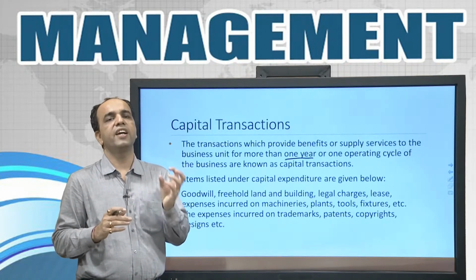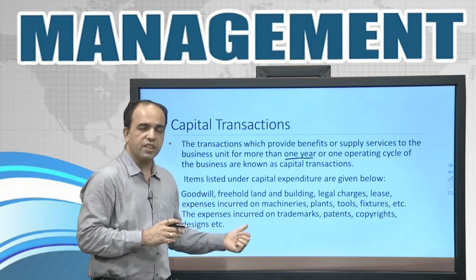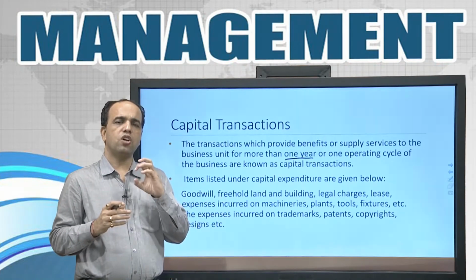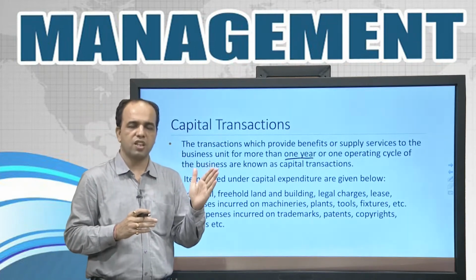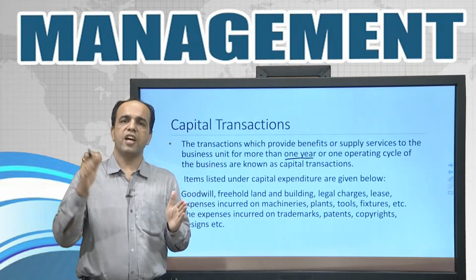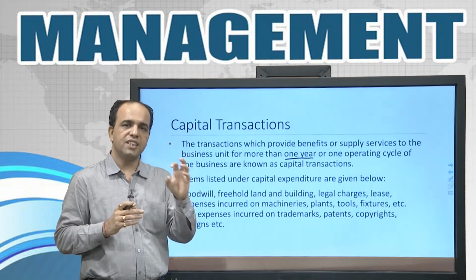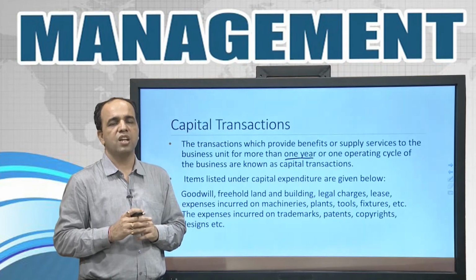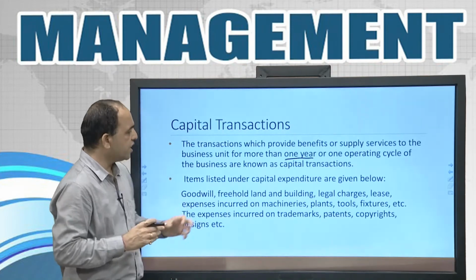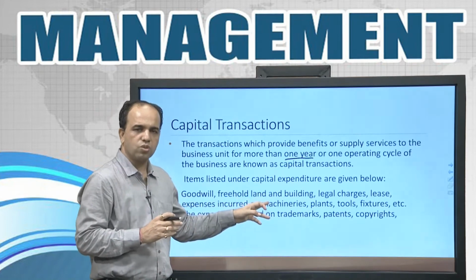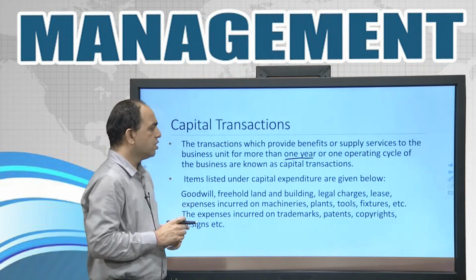That is why it is called capital expenditure. Friends, you may have observed that when you were taught the types of accounts, we have personal account, real account and nominal account. All the expenditures behind these real accounts are generally capital expenditures. So, generally capital expenditure items are recorded under assets.